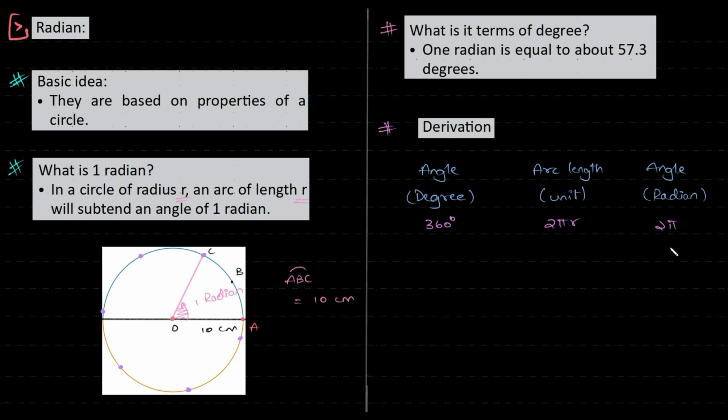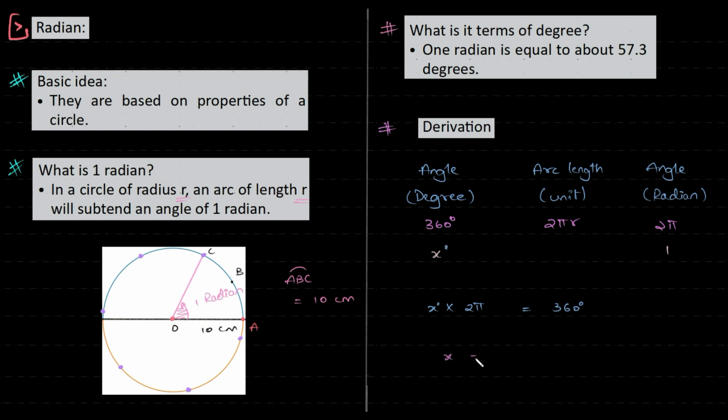Now, since we are trying to figure out how much is 1 radian in terms of a degree, all I have to do is cross multiply. Since it's directly proportional, I'll multiply x into 2 pi, and at the other end we have 360 degrees. So this is x radian.